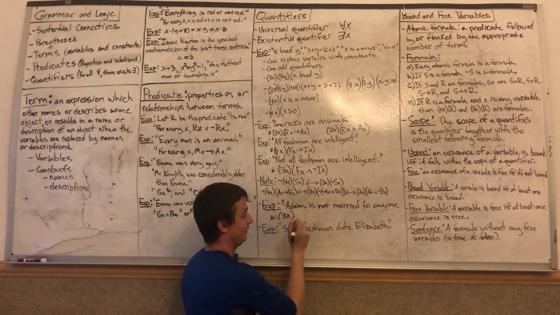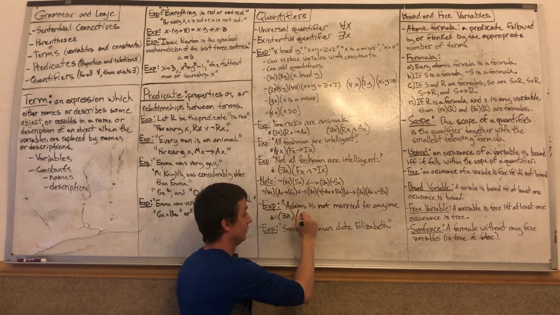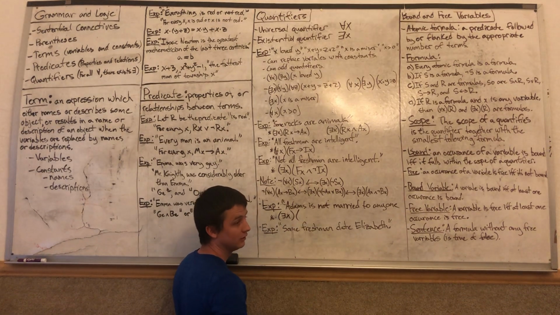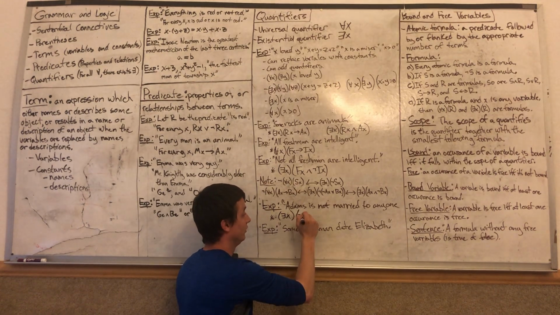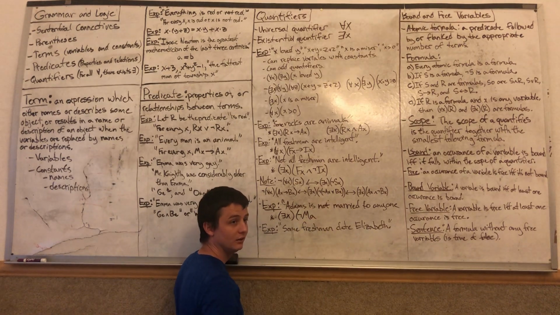It'd be there exists x such that not A. If it was Adams is married, then it'd be A. We didn't even use x in there.